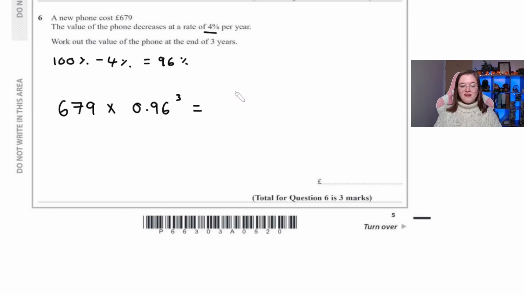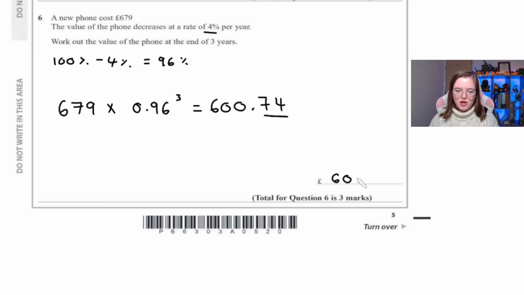And then, if we times all that together, 679 times 0.96 to the power of 3, we get £600.74. 2 decimal places, because money is always 2 decimal places, because we have pounds and pence. And there we are, £600.74, and that would be 3 marks. On we go.